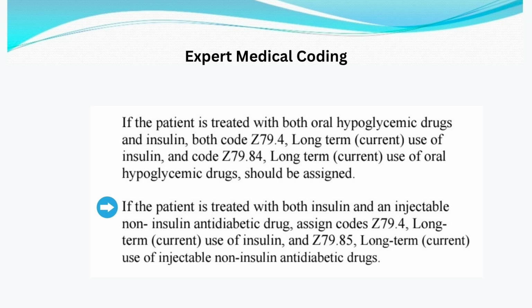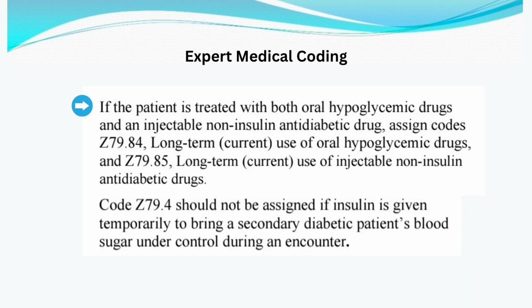If the patient is treated with both insulin and an injectable non-insulin antidiabetic drug, assign codes Z79.4 long-term current use of insulin and Z79.85 long-term current use of injectable non-insulin antidiabetic drugs.